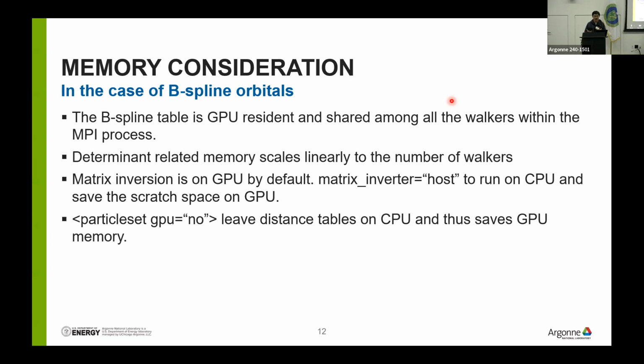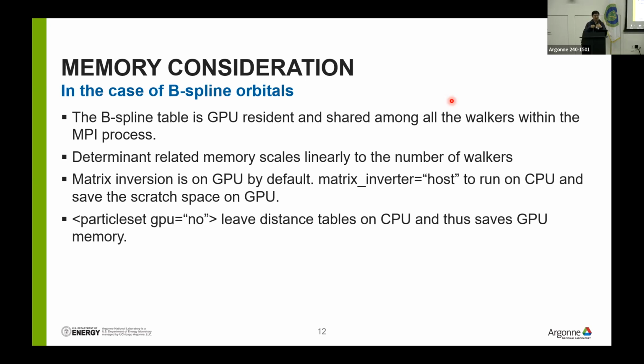You don't need scratch space on the GPU, so that also frees up the GPU memory. On the other hand, for sure, it may slow your code a bit. And even if you do the worker scan, the curve will slightly change, so the optimal one might slightly change, right? So all the GPU performance really depends on the selected features you are using in your particular simulation. Just keep that in mind.